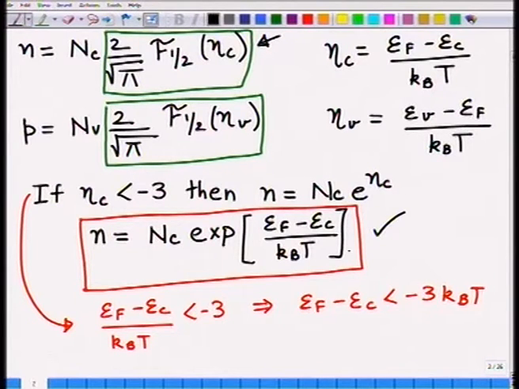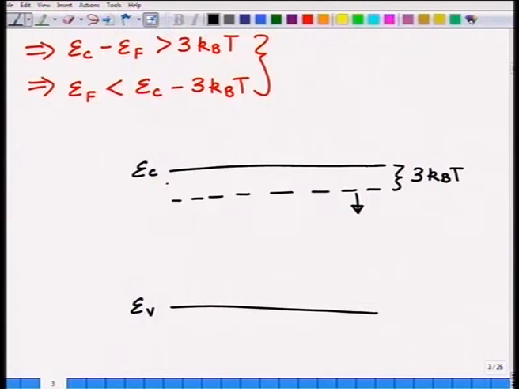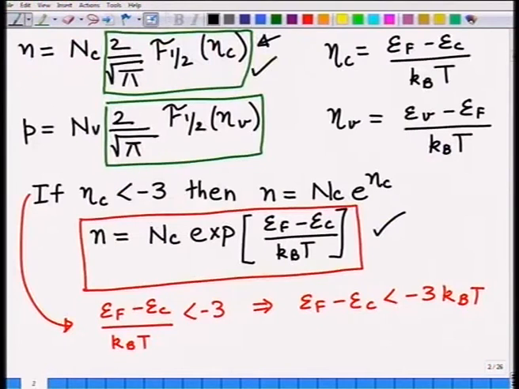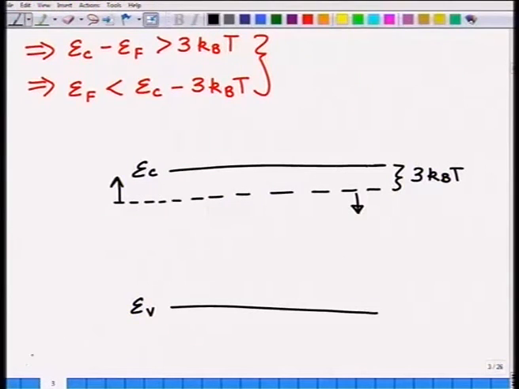If not, that means if the Fermi energy lies above this, then of course, in order to calculate n, we must go back and determine what this Fermi Dirac integral of order half is, given an E_F, of course.